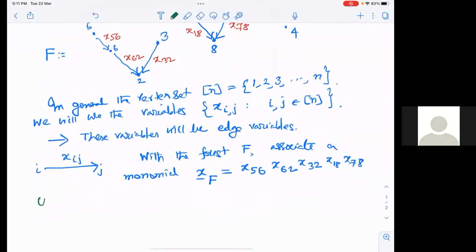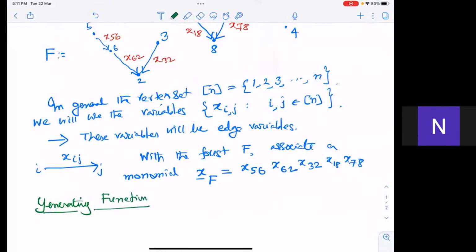Sir, do we separately need the set of roots, or will the monomial itself specify it? Yes, the monomial itself will give you the roots, because you can direct it. So it's a one-to-one correspondence.